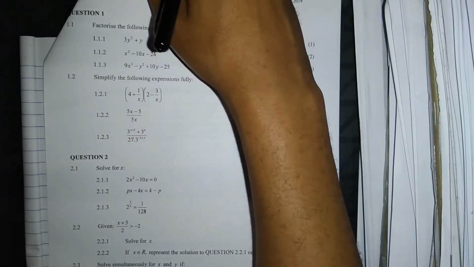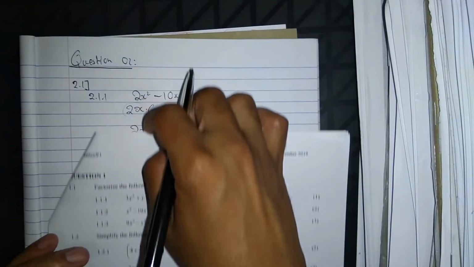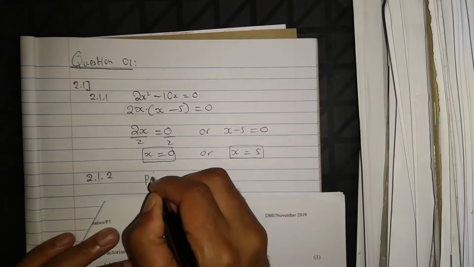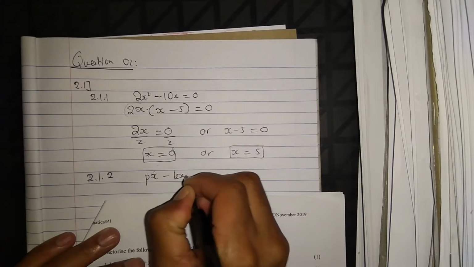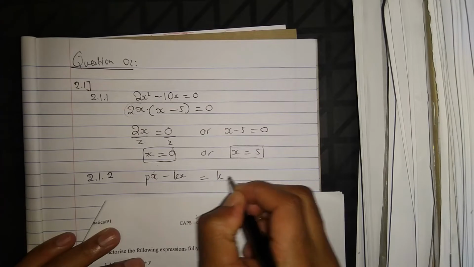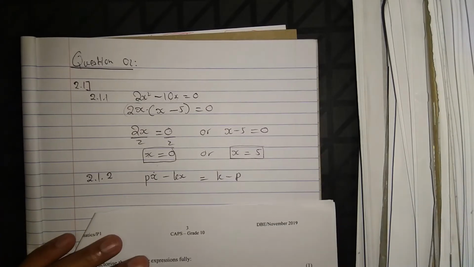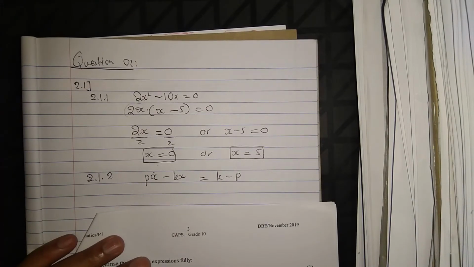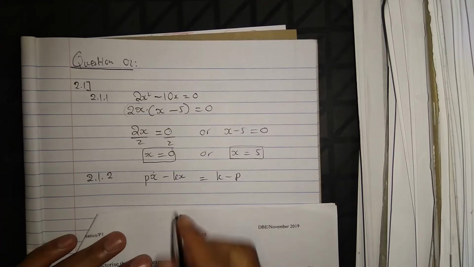2.1.2, we are given px minus kx equal to k minus p. Alright, here we are solving for x. So the idea here is to isolate x such that it is the subject of the formula in this case.